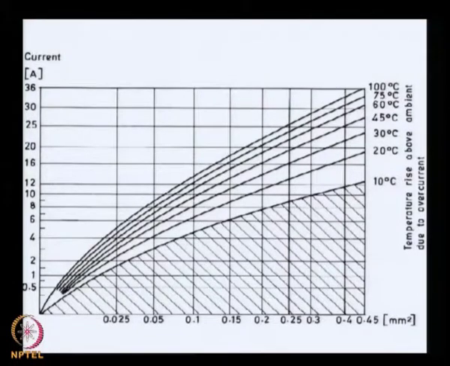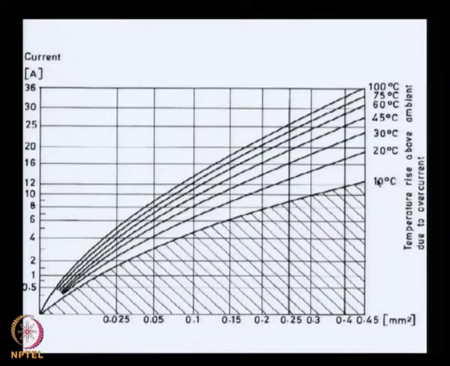Now, here on this picture, you see a graph. On the x axis, you are seeing the mm square, the cross section area presented to the flow of current. On the y axis here, you are seeing the current, and on the y axis on this side, you are seeing the temperatures.